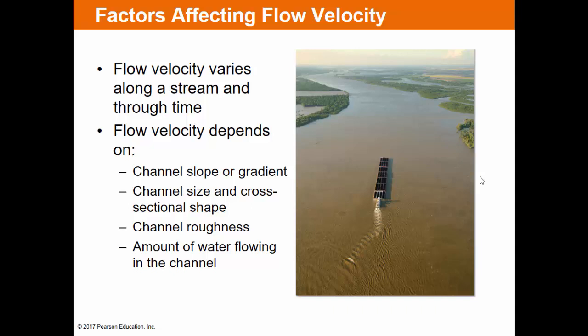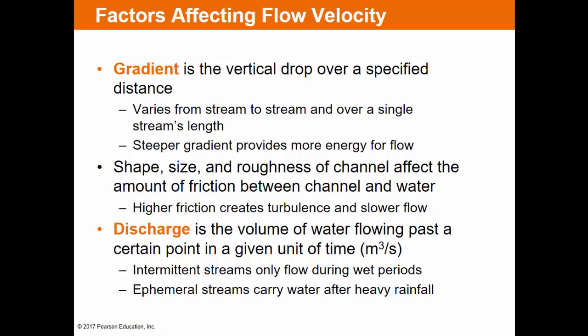The shape has a lot to do with it. Channel roughness, which means if you have a muddy, flat, smooth channel bottom, there's not a lot of roughness. If you have a rocky, bouldery channel bottom, there's a lot of roughness. There's much more friction. So channel roughness is really a function of friction, and then there's the amount of water flowing in that channel.